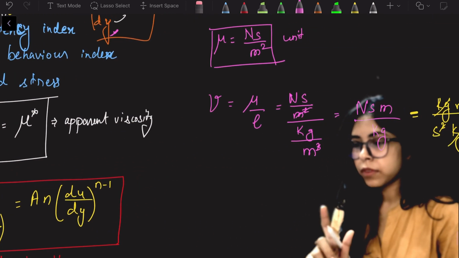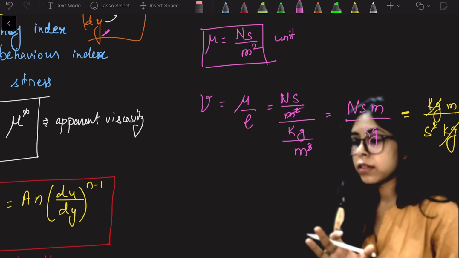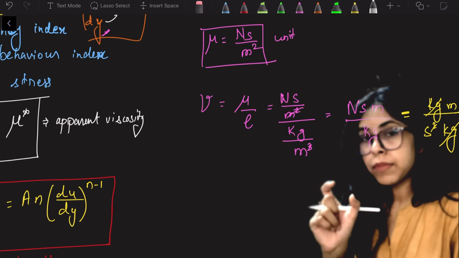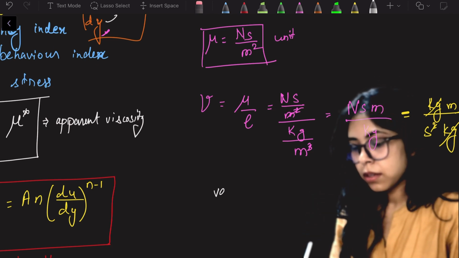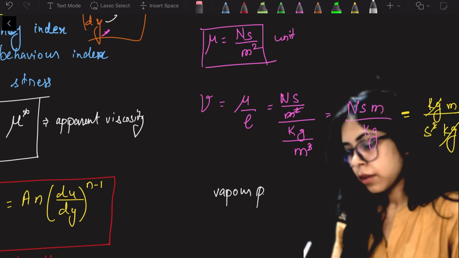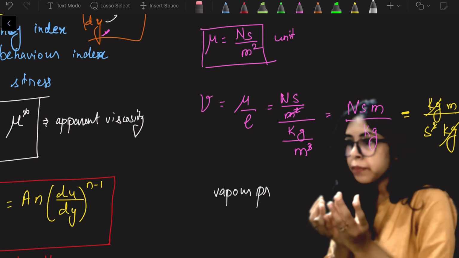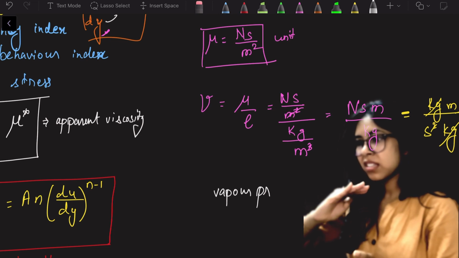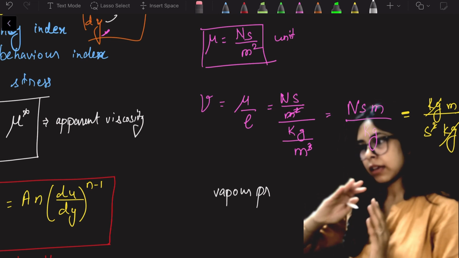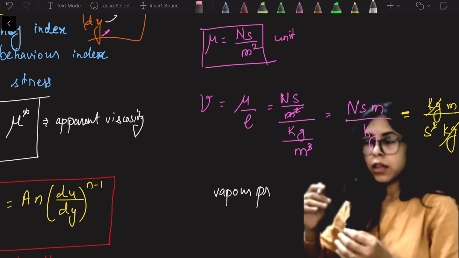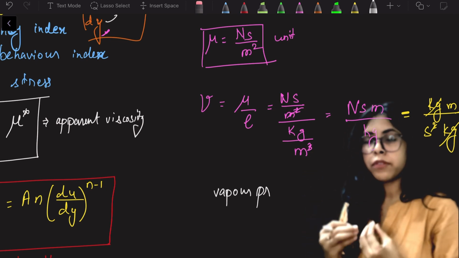You must remember, you should understand that there is something called vapor pressure of any fluid, right? The vapor pressure is the minimum pressure after which the fluid will become vapor or vaporize, right?